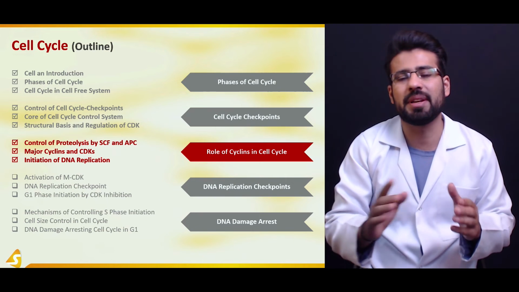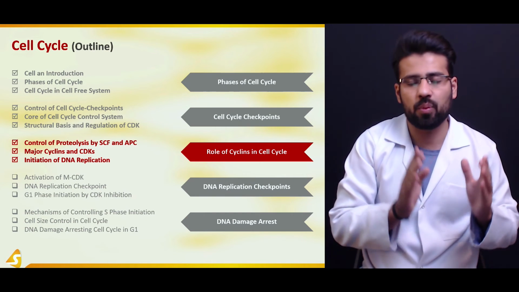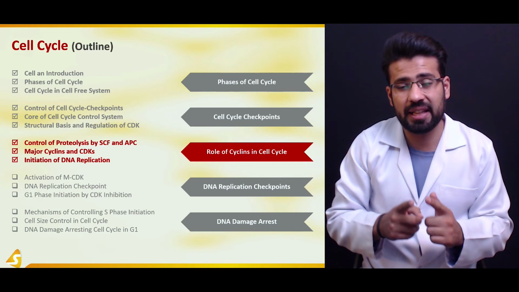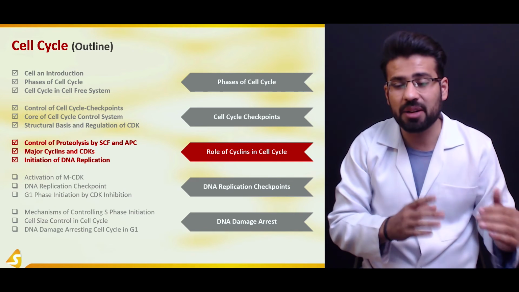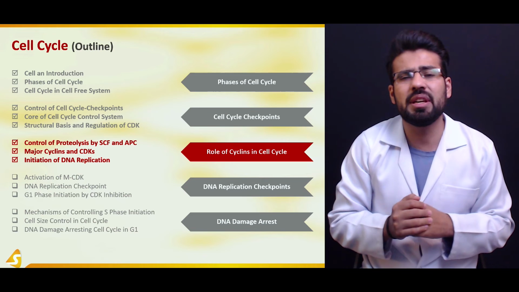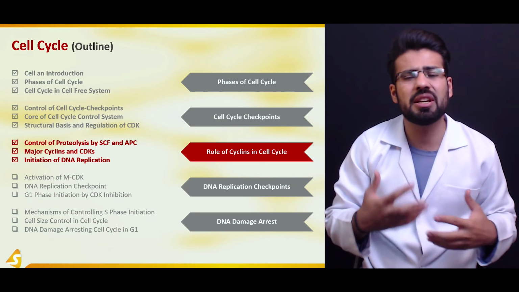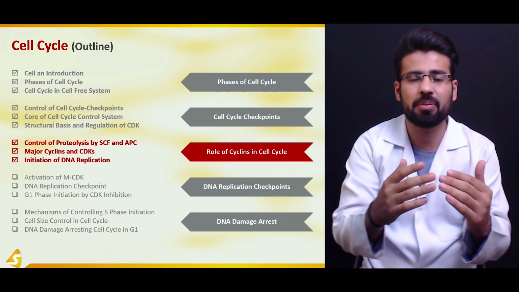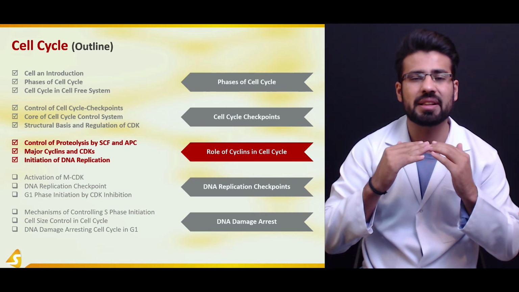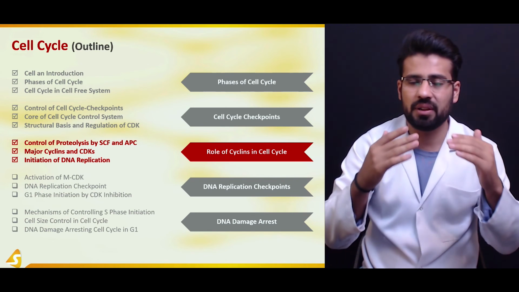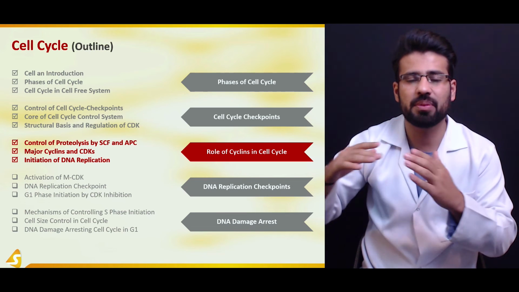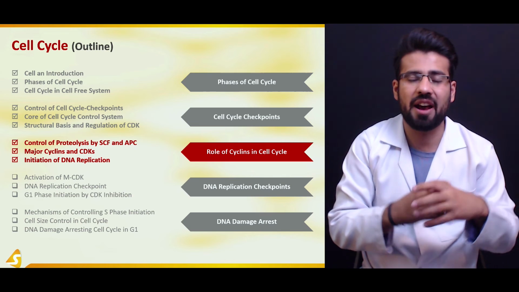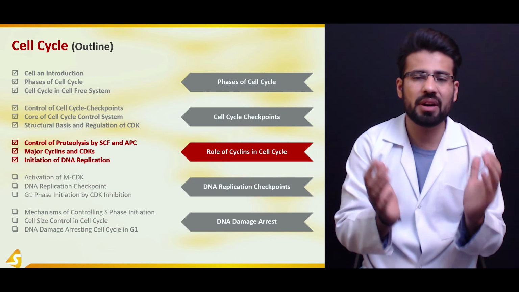We discussed the role of major cyclins and the CDKs, what the different types of cyclins present in a particular phase are, and what their partners are. Then we started the discussion of the initiation of DNA replication. We started with the origin of replication complex, where CDC6 is recruited and phosphorylated, and after the MCM molecules have bound, it is degraded, resulting in the formation of the pre-replication complex.